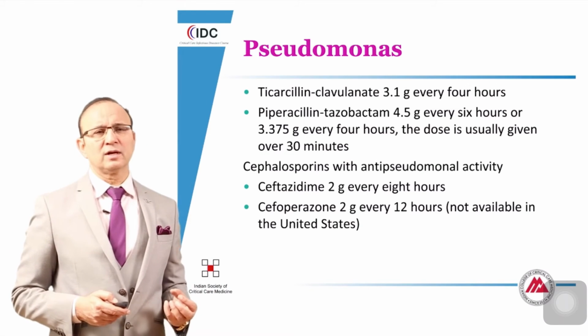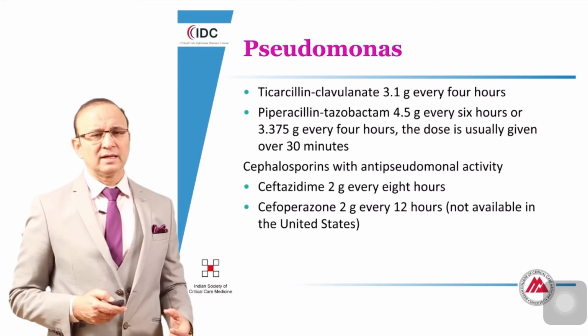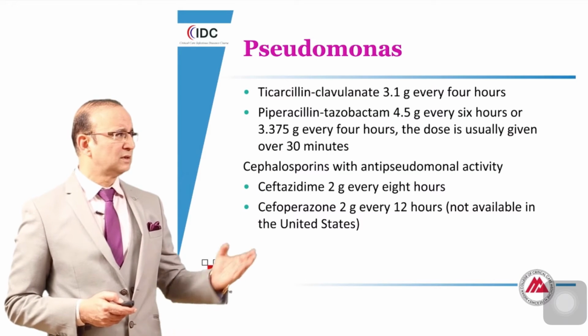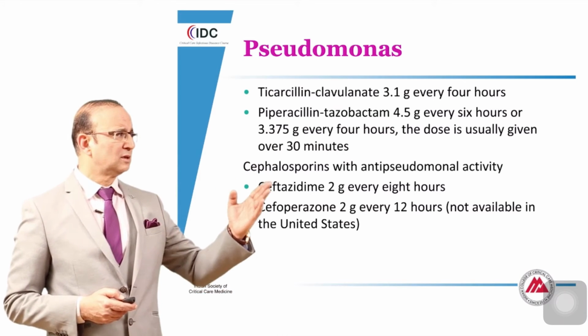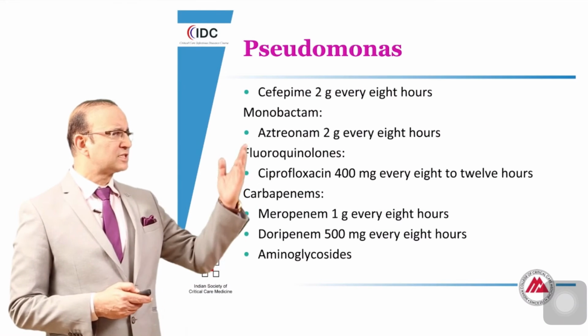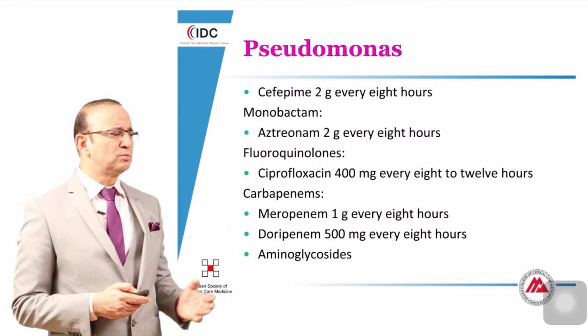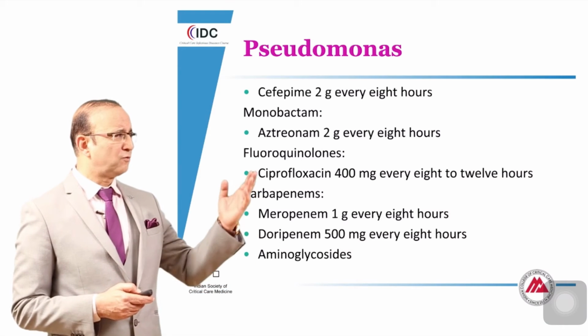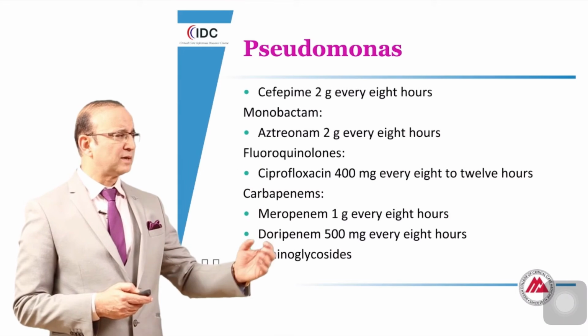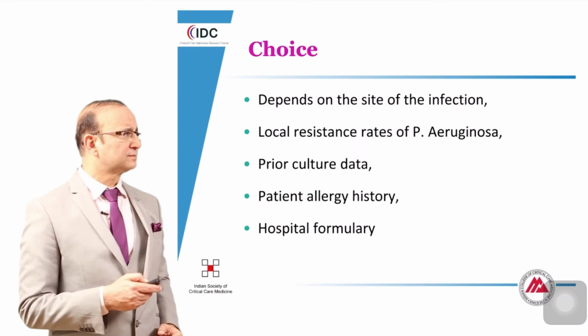If the Pseudomonas is a susceptible organism, sensitive to the antibiotics, you have a lot of choices: ticarcillin clavulanate, piperacillin tazobactam, ceftazidime, cefepime, aztreonam 2 grams every 8 hours, or fluoroquinolone 400 milligrams every 8 to 12 hours, carbapenem, aminoglycosides.